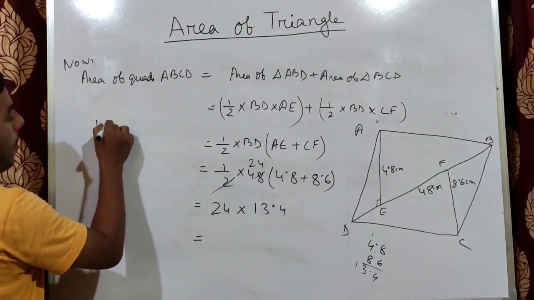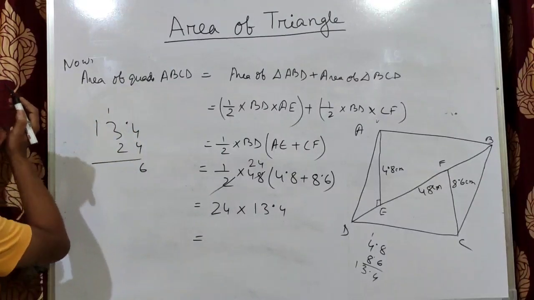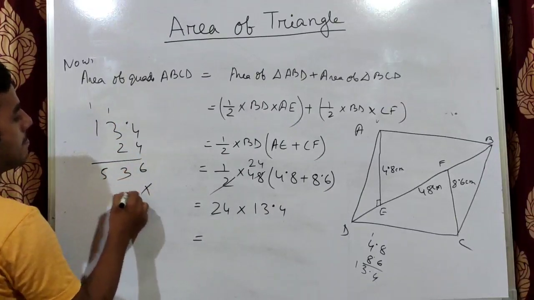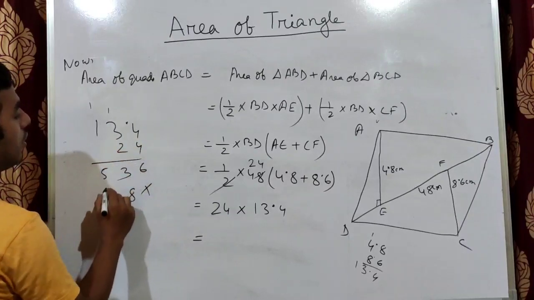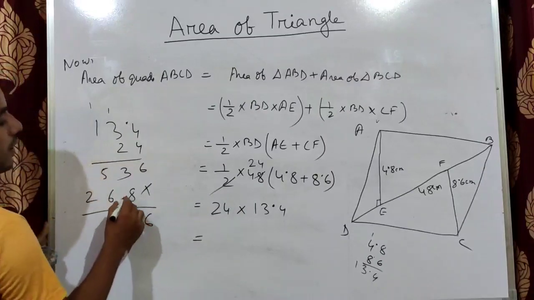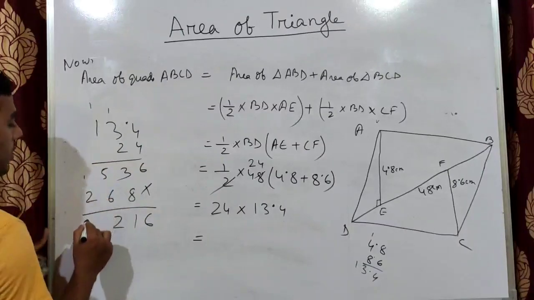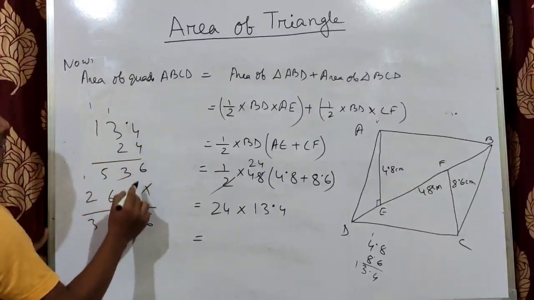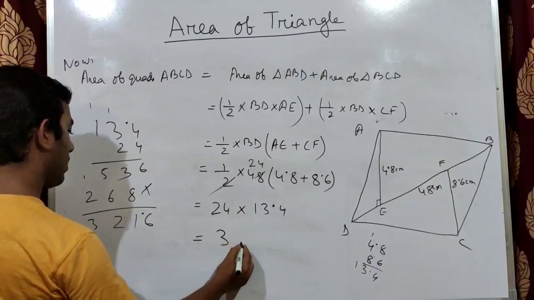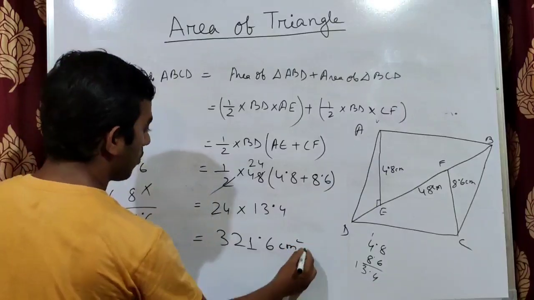So let us multiply 134 by 24. 4 into 4 is 16, remainder 1. 4 into 3 is 12, 13. Then again 1. 4 into 1 is 4, 5. 2 into 4 is 8. 2 into 3 is 6. And then 2 into 1 is 2. So it will be 6, 8 plus 3 is 9, 10, 11, then 1, 12. Then again 1, 3. And after the decimal there is 1 digit, so we will put the decimal before 1 digit, right? So we get the solution: the required area is 321.6 centimeter square.